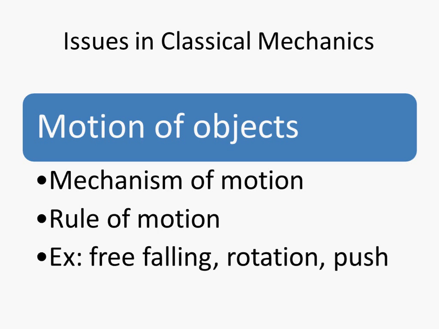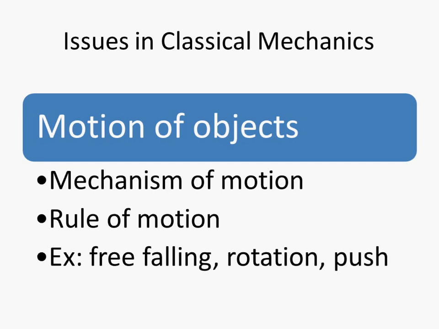Classical mechanics wants to ask the problem of what's the cause of motion in nature. That is to say, they want to ask why some objects move from one place to another place. What's the mechanism behind this movement? And this is a big issue because it contains various phenomena.